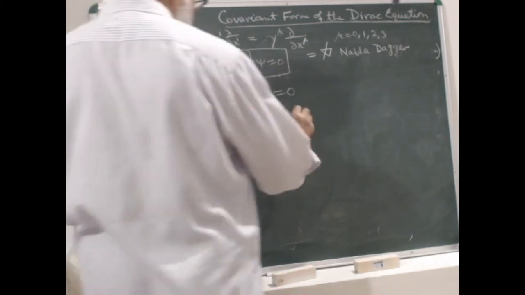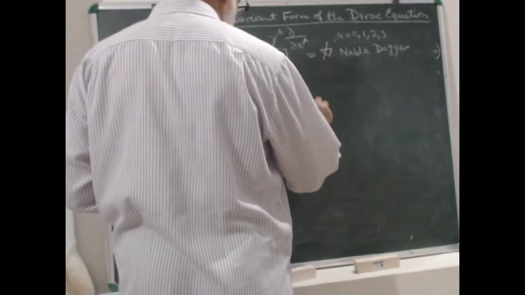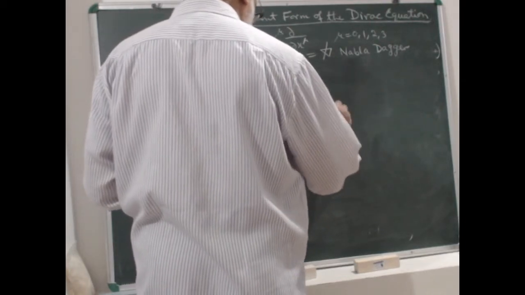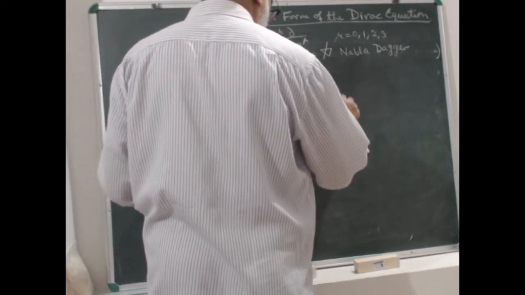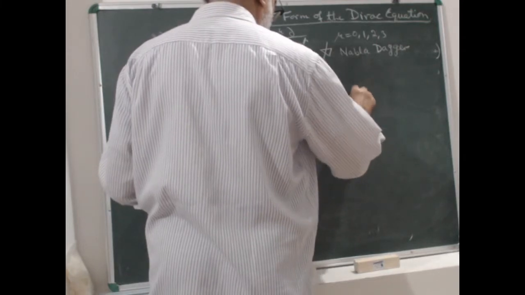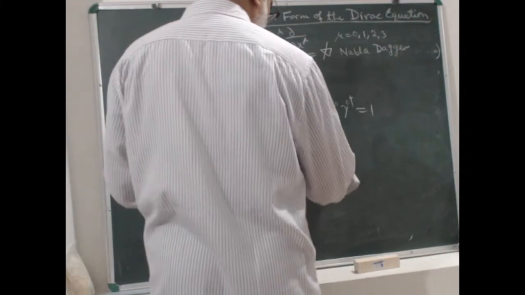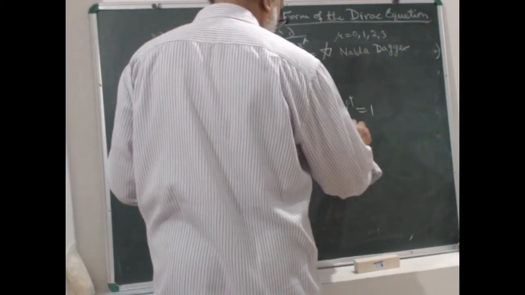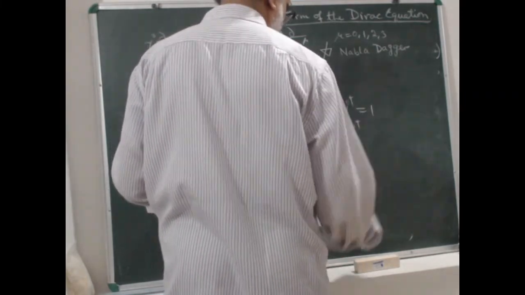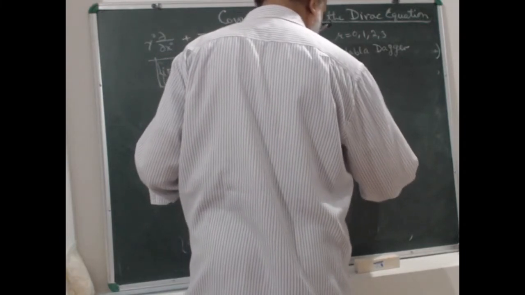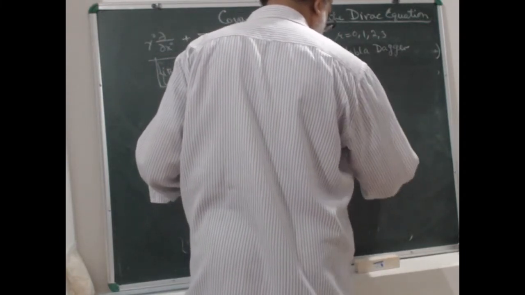This means gamma 0 equals gamma 0 dagger, and this is 1. Or you can write that gamma 0 is gamma 0 dagger. This means gamma 0 is Hermitian. This is the Hermitian property.